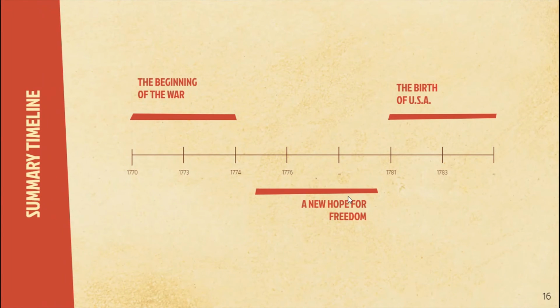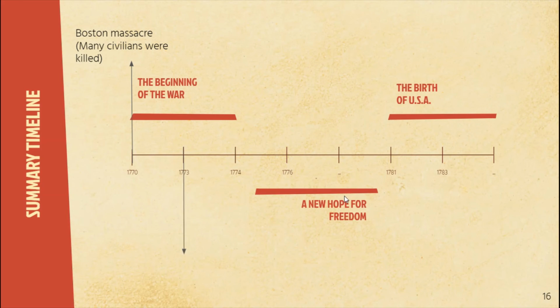Here is a short summary timeline of what happened and the year of when it happened. In 1770, we had the Boston Massacre, in which many civilians were killed. In 1773, we had the Boston Tea Party. Billions of dollars were just thrown into the water.